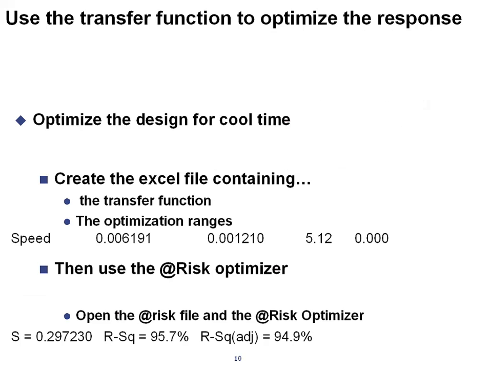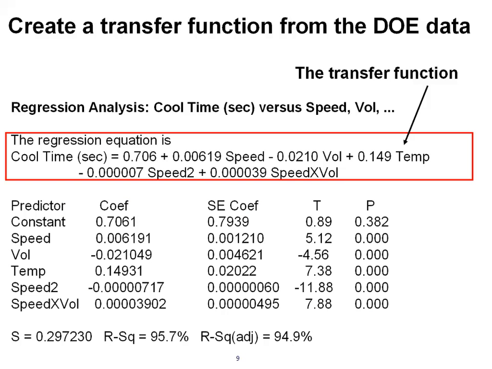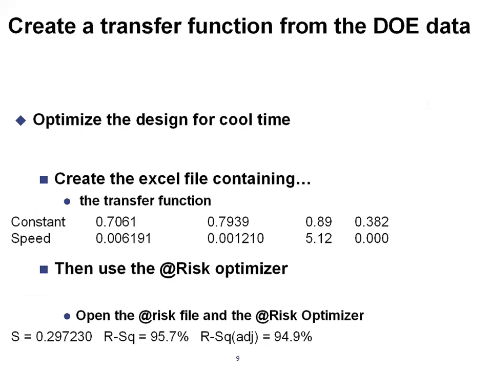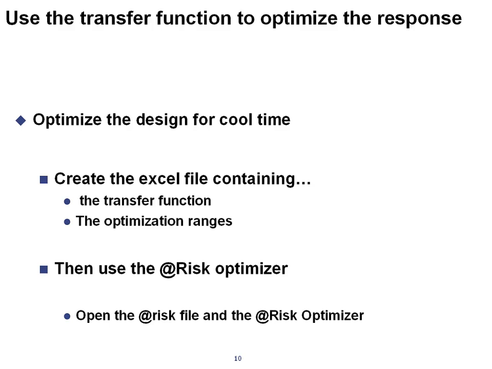So that's the equation describing behavior. And if I go back a slide to slide 9, the important thing to do at this point would be to choose values of speed, temperature, and volume, calculate the cool time that you would get, and then run the actual system that way and confirm that this equation is adequately modeling the physical system. Assuming that's the case, we can now search for X values that place that Y value on target.